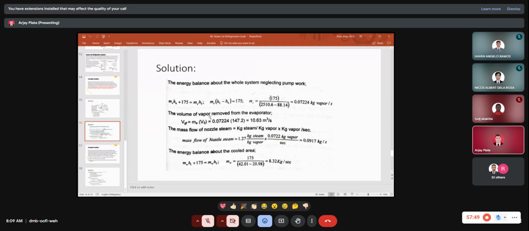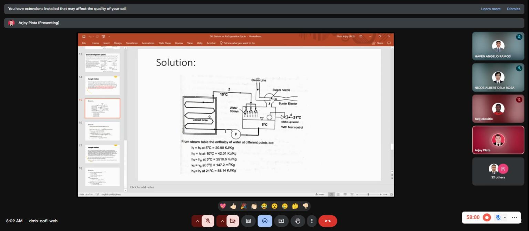So energy coming in is at the flash tank. Let's consider the flash tank.